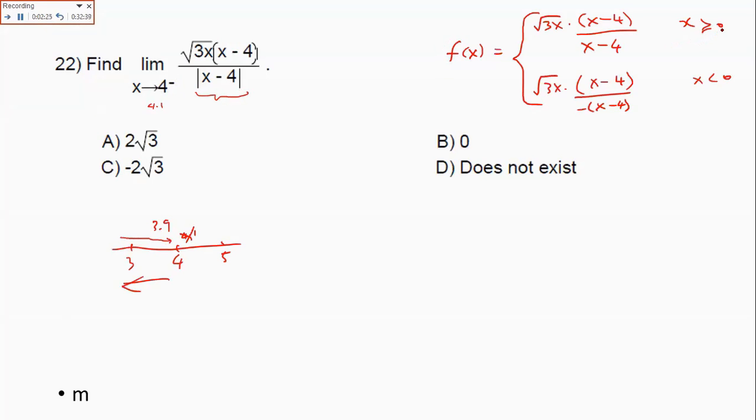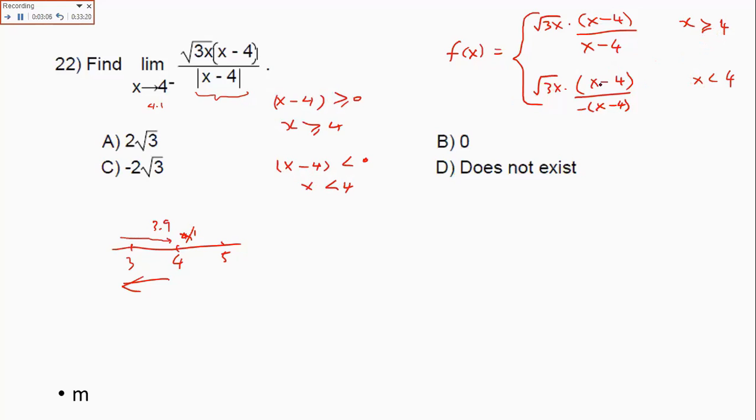So one branch should be greater than 4, and this should be less than 4, because the modulus has to be greater than or equal to 0 in one case, and less than 0 in the other. So x minus 4 greater than or equal to 0 means x is greater than or equal to 4, right?